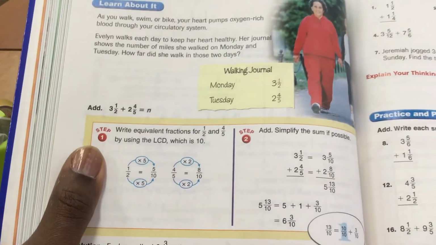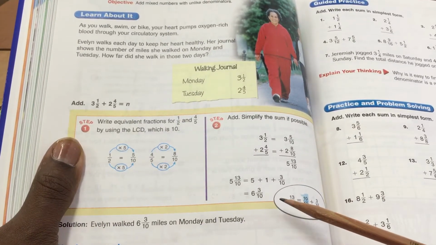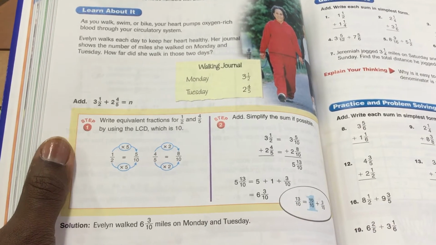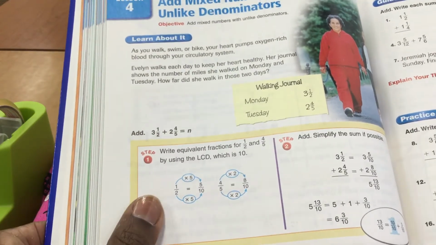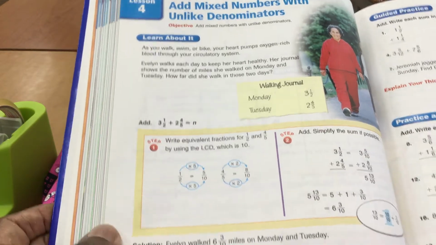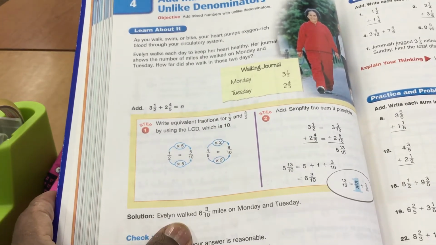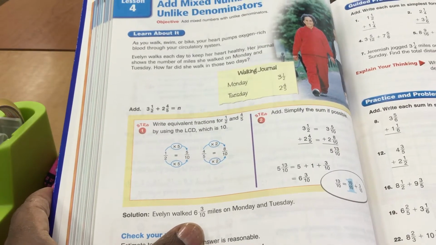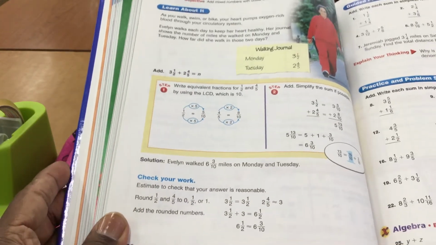Now, that is our final answer, 6 3/10. Okay, very easy. It's no different than what we did last week. The only difference is we have a whole number with the fraction. That makes it a mixed number. Okay, so our solution, our answer, Evelyn walked 6 3/10 miles on Monday and Tuesday. Okay, there we go.